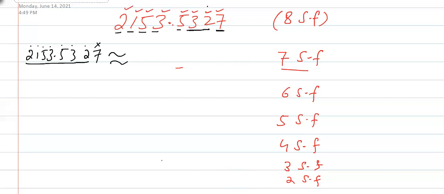And in case it is 7, obviously we will add 1 in the next one. So I will add 1 in this one. So it will become 2153.533. Now you can count, there are 7 significant figures.